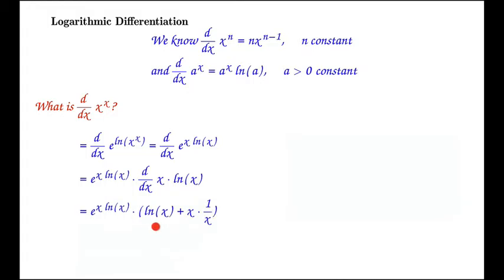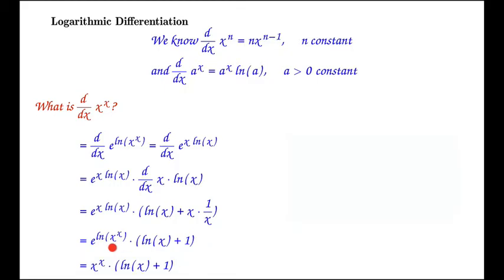And so we have the derivative of the first term times just the second term plus just the first term times the derivative of the second term, and in this case it's 1 times ln of x plus x times 1 over x, or we can write more simply as just ln of x plus 1.